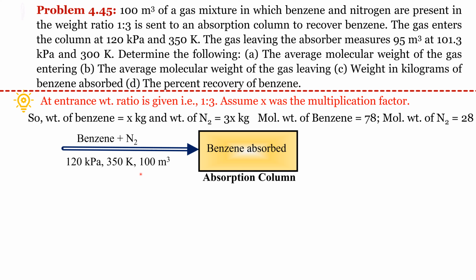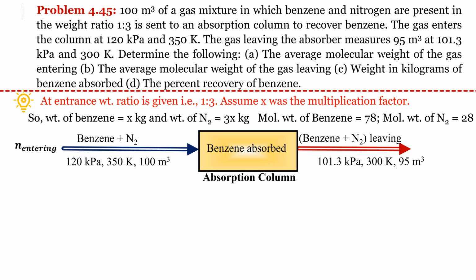Temperature, pressure and volume are given, and we are assuming total moles of gas entering equal to N entering. At exit, it is given that a mixture of benzene and N2 is leaving after the absorption of benzene, and this gas is leaving at particular temperature, pressure and volume.